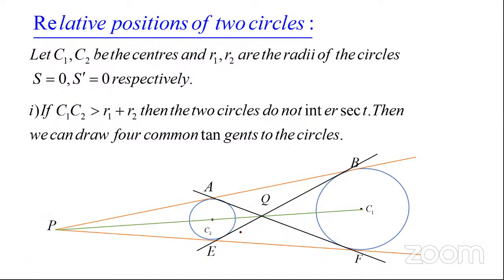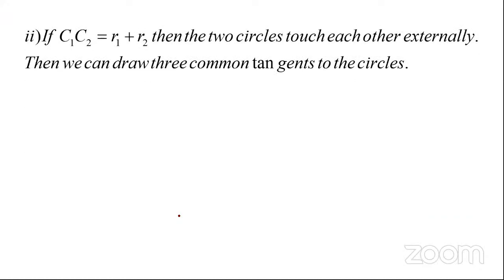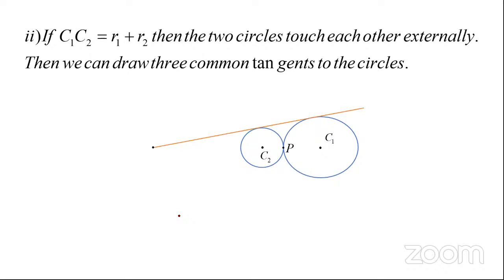This is the concept. Next, if C1C2 equals R1 plus R2, then the two circles touch each other externally, and we can draw three common tangents. Here the circles touch each other externally, with centers C2, C1 and the point P. Taking an external point, this is a direct common tangent, and this is a transverse common tangent.